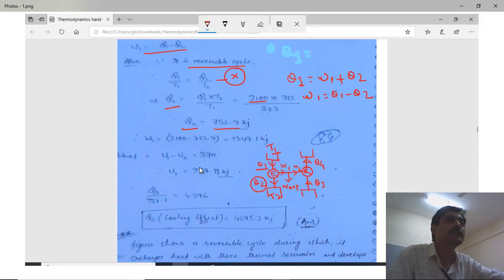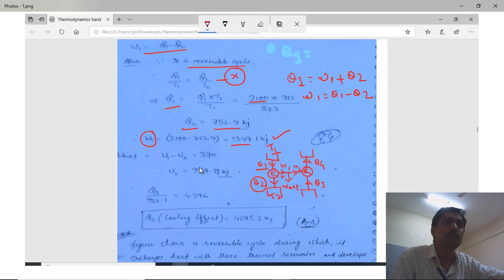So Q1 is 2100 kilojoule and Q2 has been calculated as 752.9 kilojoule. Therefore, W1 is equal to 2100 minus 752.9, which is 1347.1 kilojoule. So W1 is calculated.